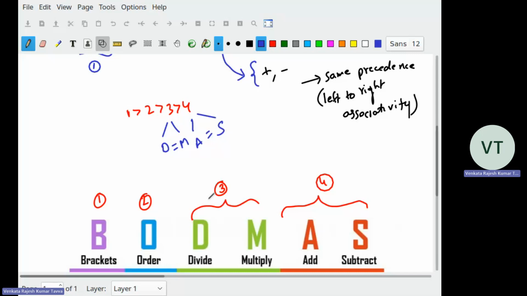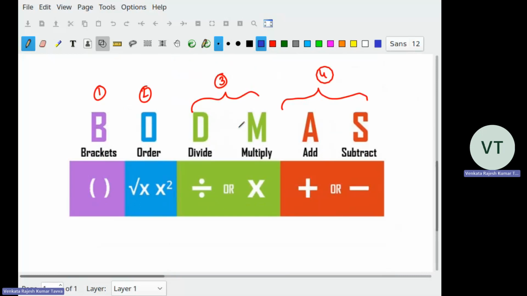So division is not greater than multiplication. Okay, so that's what this diagram is saying. Division and multiplication have same precedence. That's why they are like one block. Okay, they have the same color, which means they have same precedence. So whatever you thought of as BODMAS rule so far, that is wrong. Division does not have greater precedence.